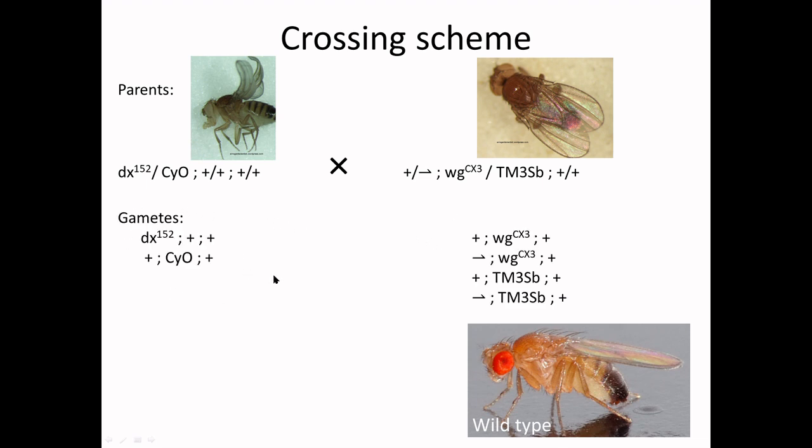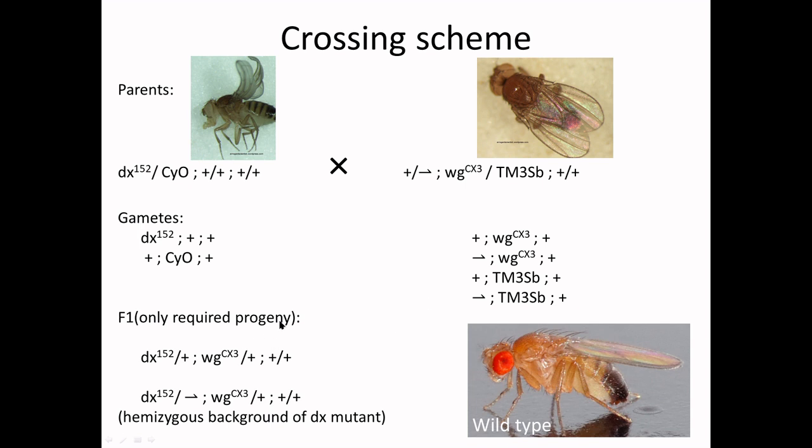These are the respective gametes of the female and the male flies. When we combine these two gametes, we get different genotypes of fly. I have written only the required progeny here.